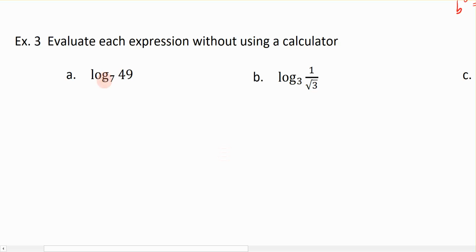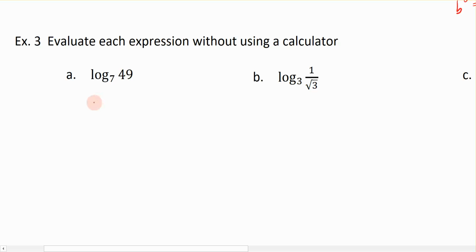The first one says that I want to evaluate log base 7 of 49. Now, if I'm using those properties we just talked about, with this argument here, I want to think, how can I rewrite 49 so that it is some power of 7? Because if the base 7 and the argument's base are the same, then that's how we're going to solve this.